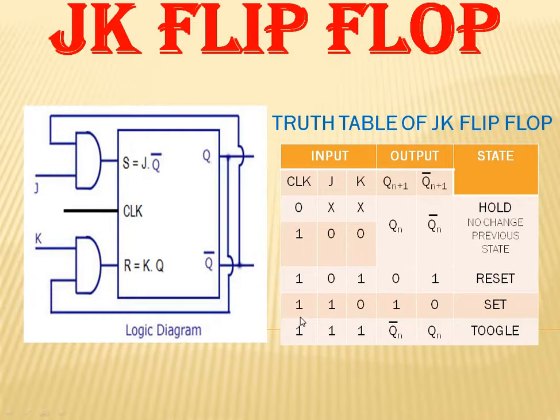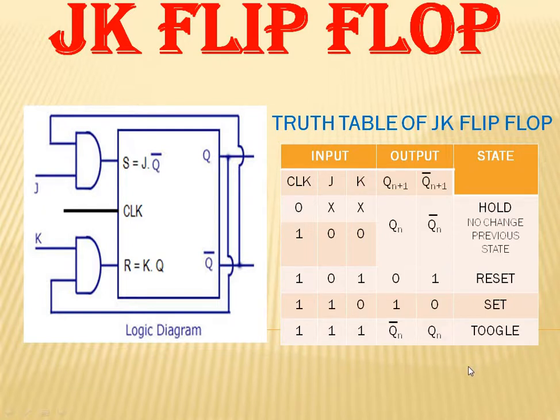When clock is applied, J is 1, K is 0 is a set state. The last condition, when J is 1, K is 1 with the clock applied, the JK flip-flop enters into toggle mode. Thereby it avoids the drawback of the SR flip-flop, that is the invalid state.